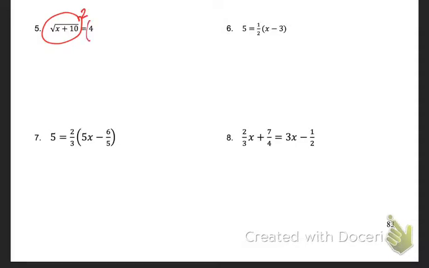But whatever I do to the left side, I have to do to the right side. So when I square this square root, literally all that happens is they cancel out. And so I'm just left with x plus 10. That makes life really easy. They just cancel each other out. On the right, if I've squared 4, 4 squared is 16. So x equals 6. Those are nice and easy.